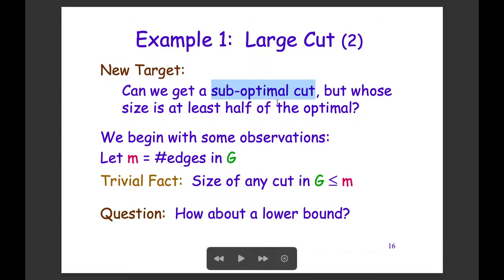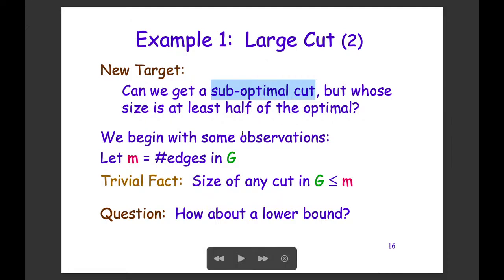Can we have a suboptimal cut that has at least half the size of the optimal one? Here we are going to do so with a randomized algorithm, but later we will turn this randomized algorithm into a deterministic algorithm. Our target here is not to find the optimal, but to guarantee to find some solution that is at least as good as half of the optimal.